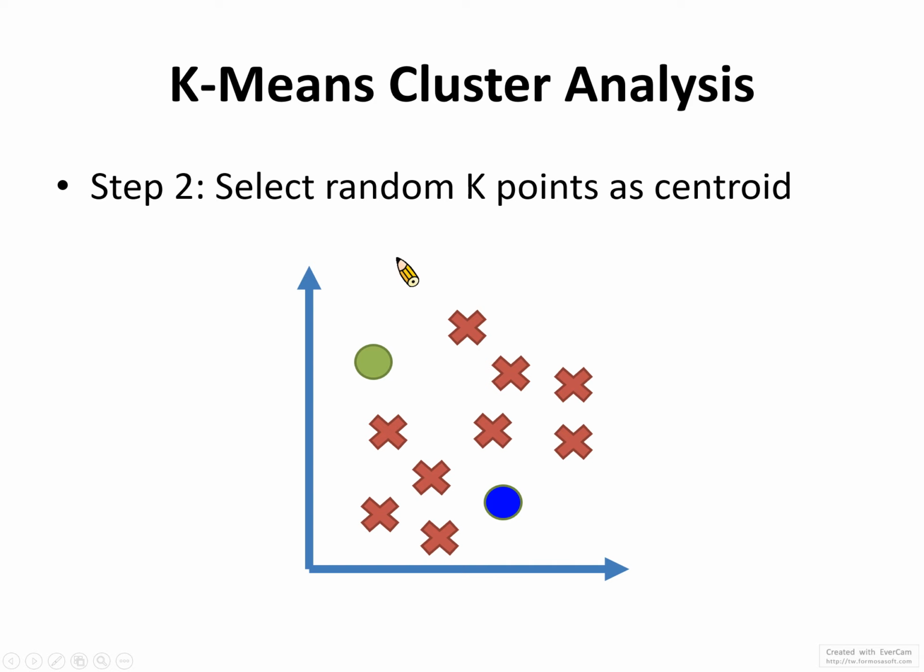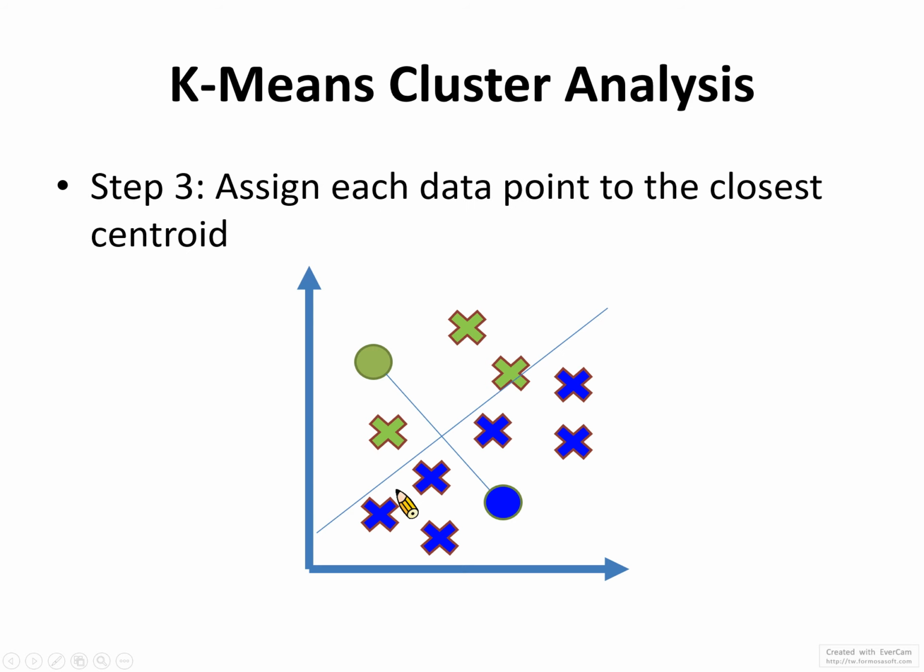So for example, we put a green dot here, and the blue data point is here. Then we just assume that this is the initial location of the centroids. Okay, and the next step is we need to assign each data point to the closest centroid.